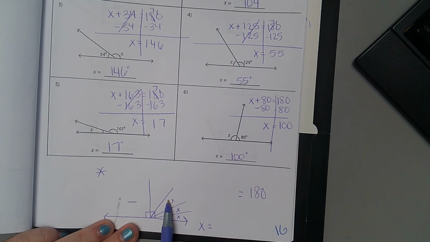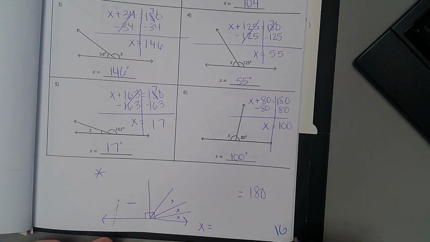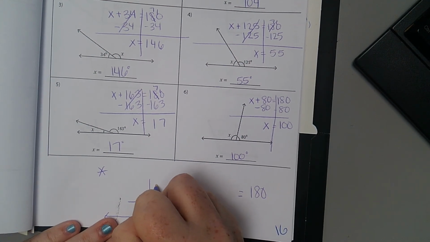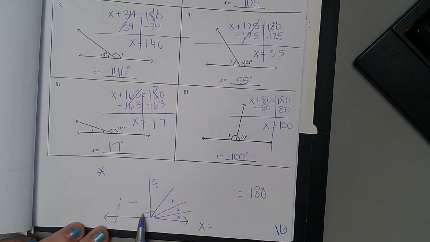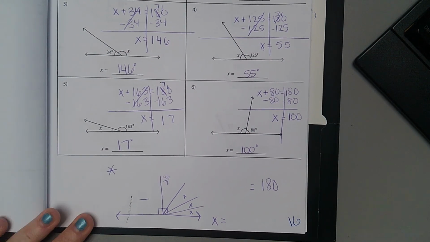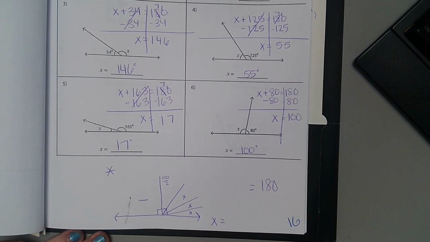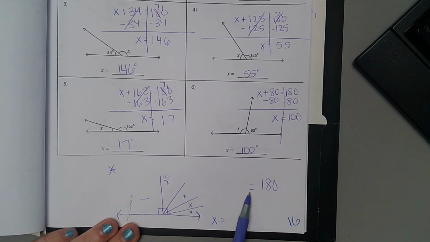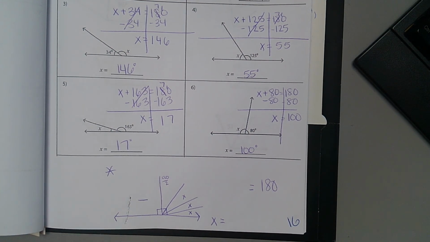They aren't drawn proportionately, but there's 3 of them. This one is half of 90, and this one you should know what it is. So you need to solve for this. You need to write out your equation, and you need to determine what the value of X is.